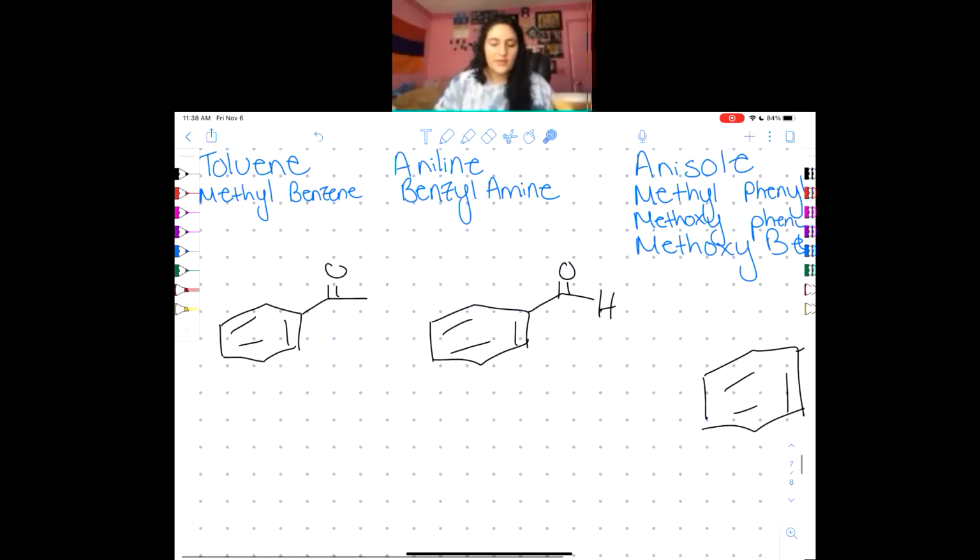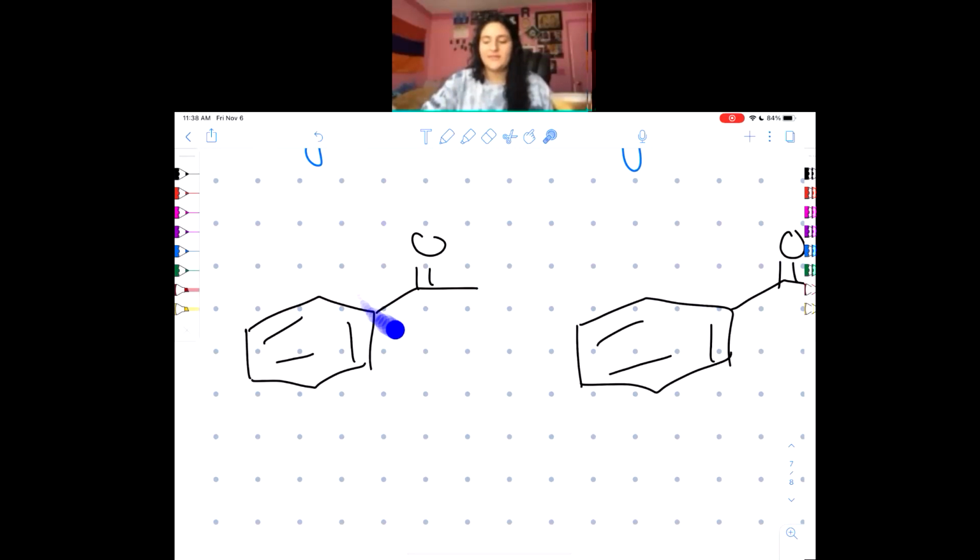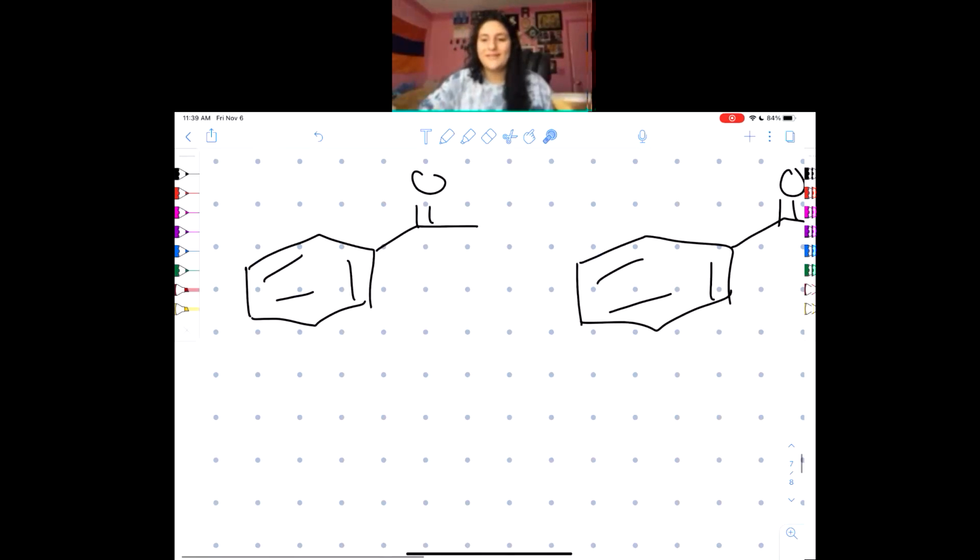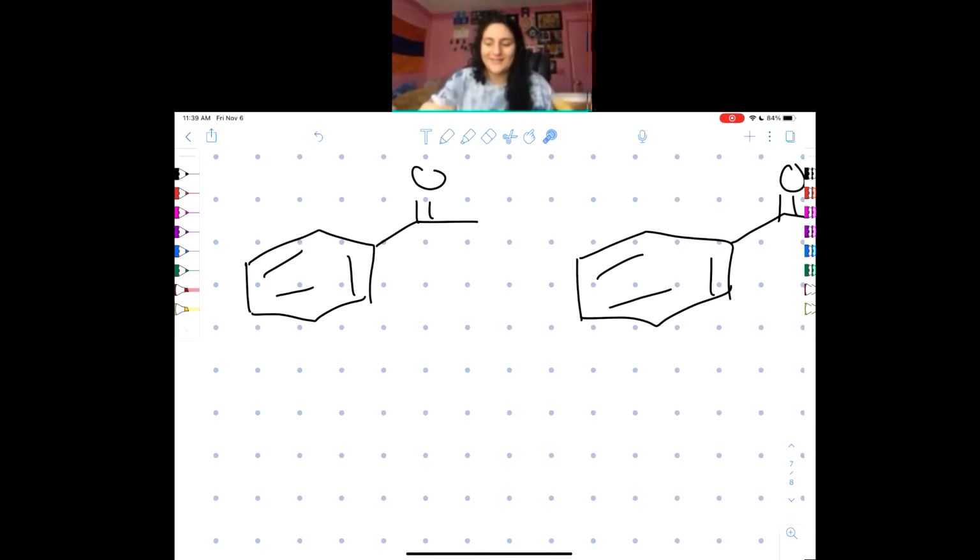Alrighty. So, a benzene with a ketone on it. You guys have any ideas? Someone said benzenone. That's a wonderful guess.